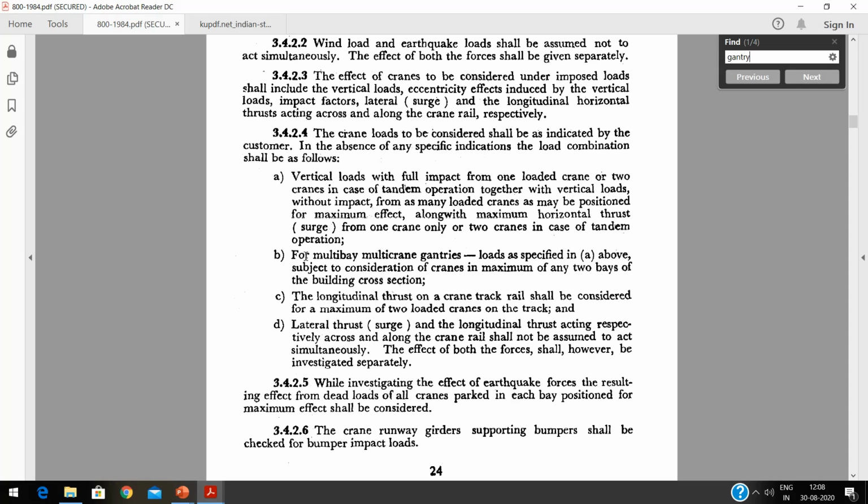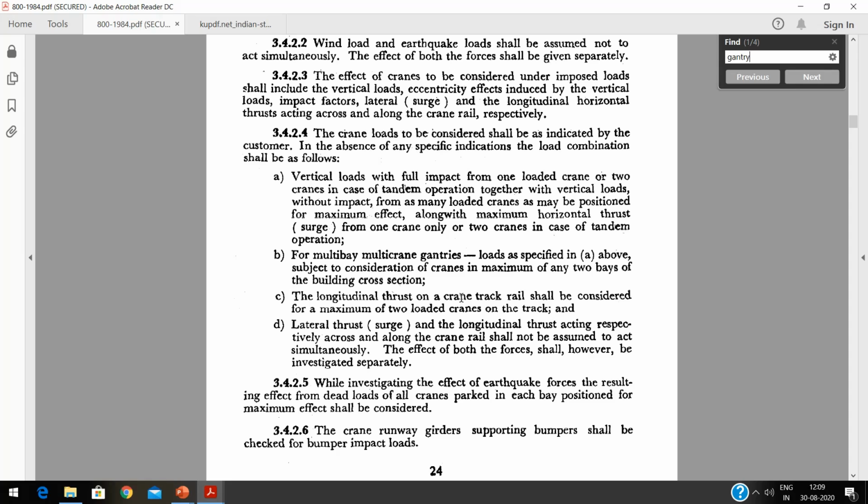In our syllabus we are going to consider only a single crane, but in future it might be useful for you. For multi crane gantries, the load specified in A is subject to consideration of crane maximum of two bays of the building cross section.